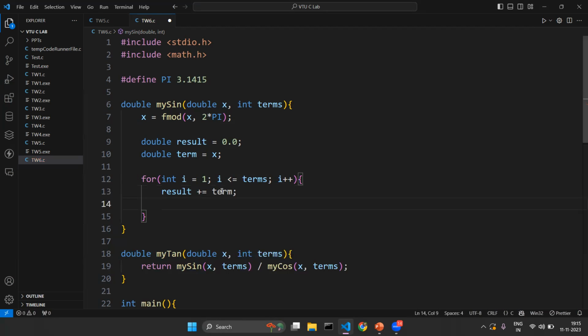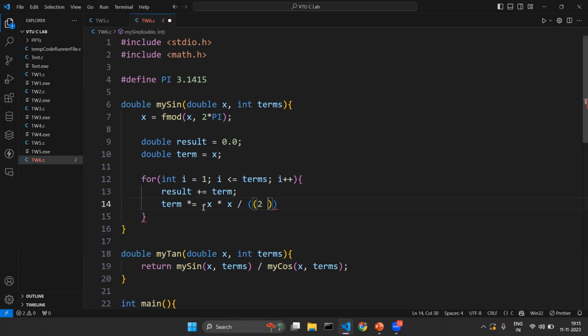And how do I calculate the term? Term times equal to means I am multiplying the previous term by some value. What is that value? Minus x into x, divided by a factorial value. How do I get the factorial value?